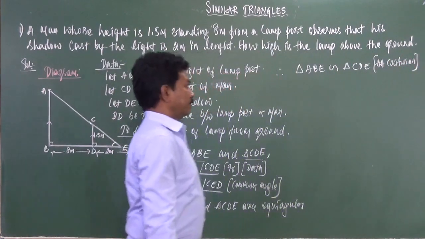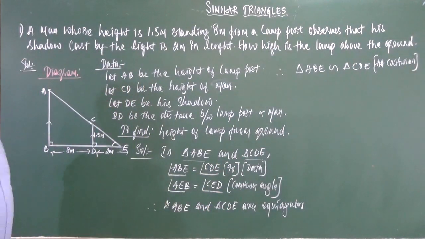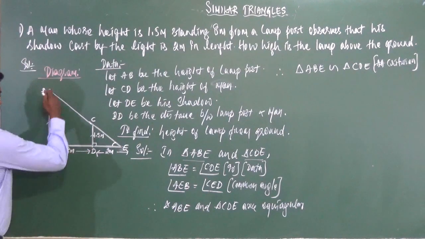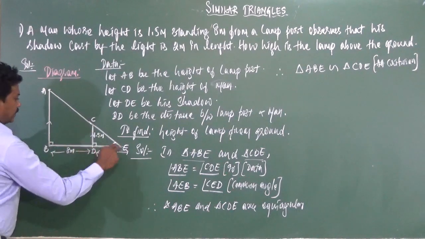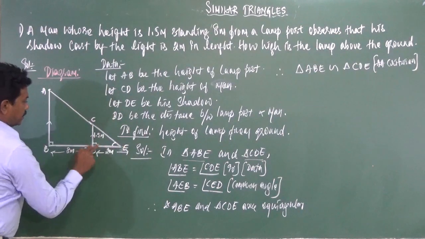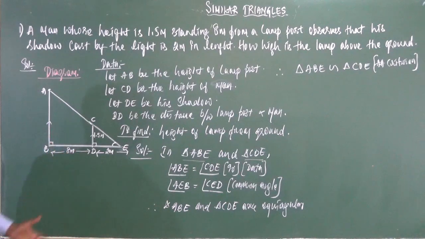Now we have the right to discuss the corresponding sides of both the triangles. In triangle ABE we have 90 degrees here, and in triangle CDE we have 90 degrees here. Opposite to 90 is AE and opposite to 90 is CE, which is of no use to us because no data is connected to this.